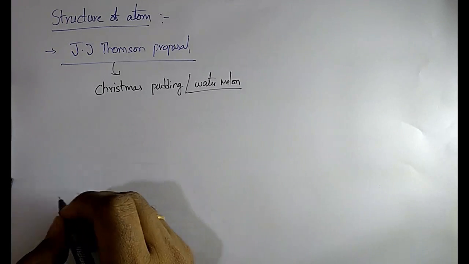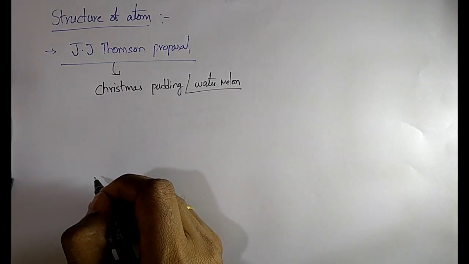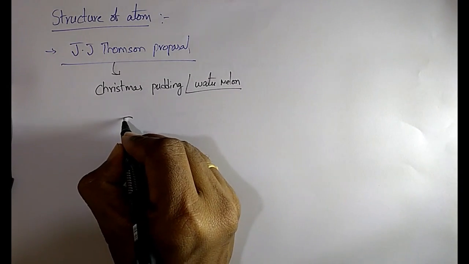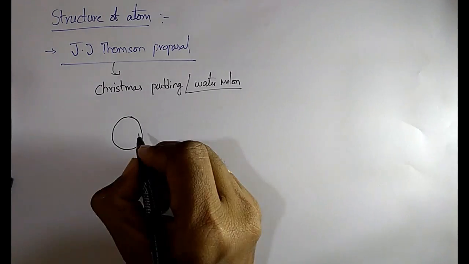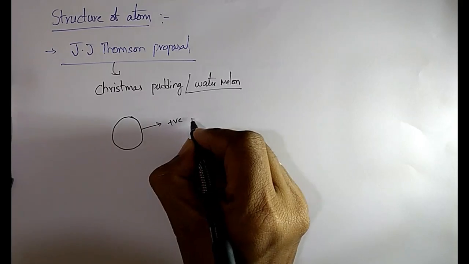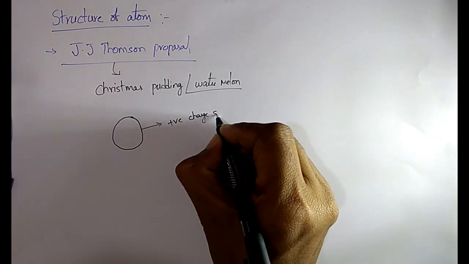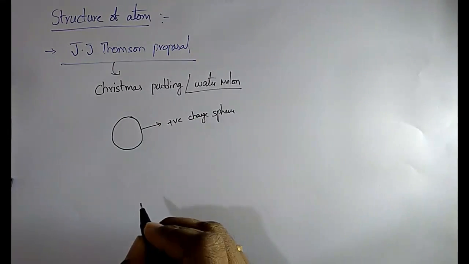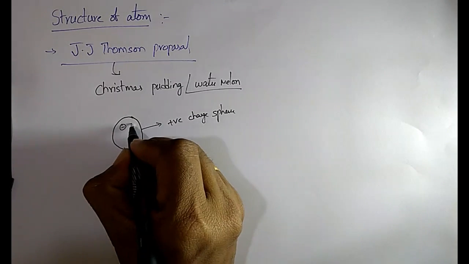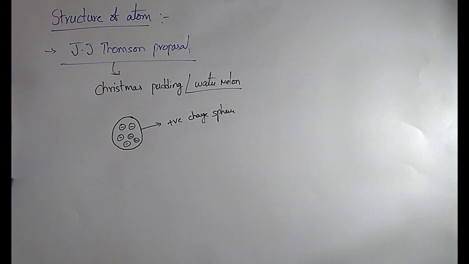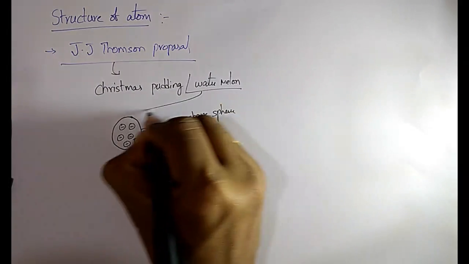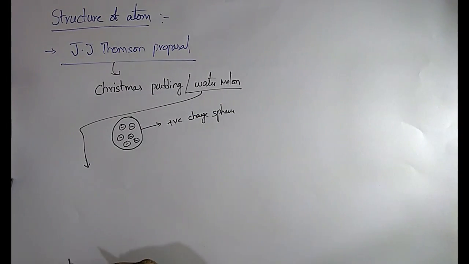According to the J.J. Thomson theory, the atom consists of a positively charged sphere, and electrons are embedded in it. We can take this watermelon for better understanding.